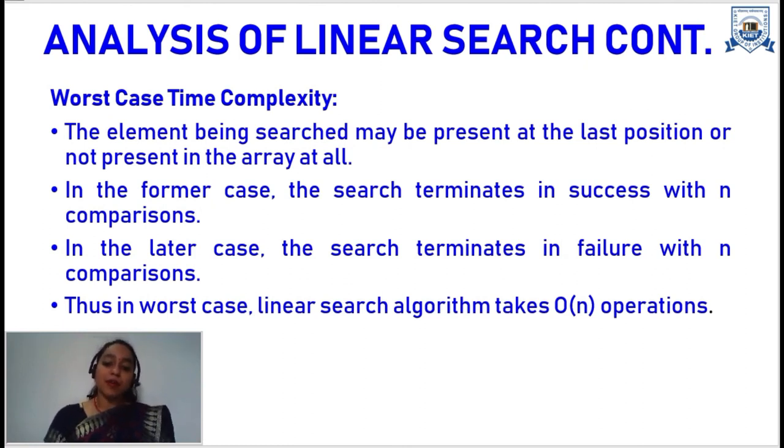Why? Because we have compared with each and every element and none of the elements match with element x. So in both cases we need to make n number of comparisons. Thus in the worst case the linear search algorithm will take big O of n operations, that is big O of n comparisons. Okay, so this was the time complexity for linear search.